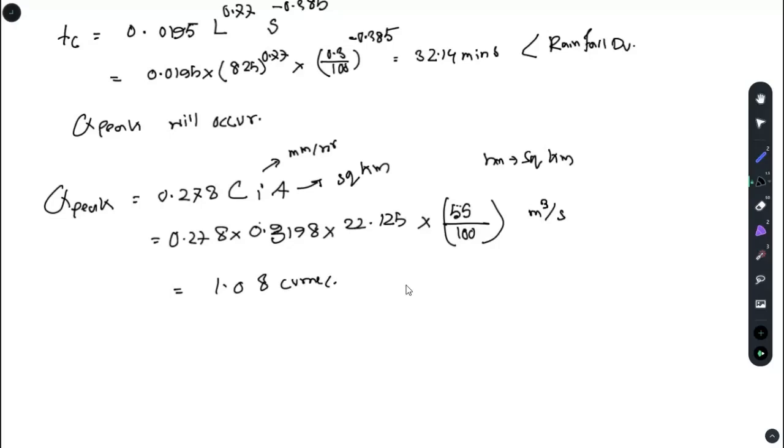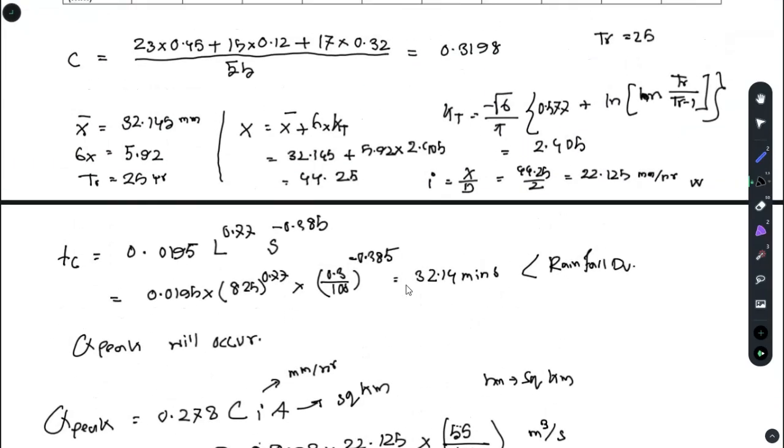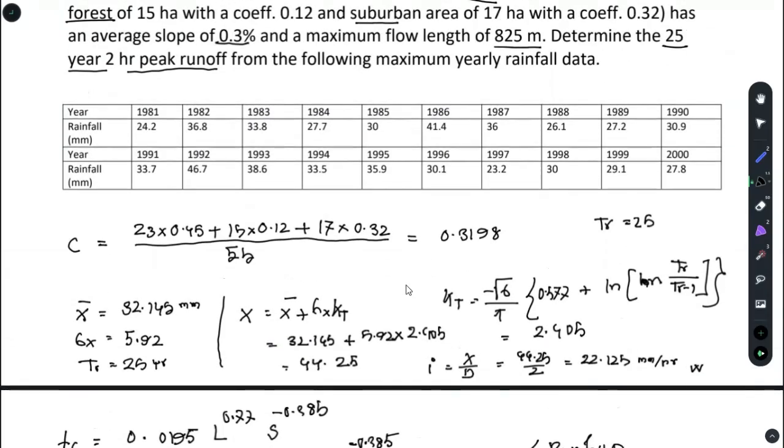So this is your answer for this math, and this has been done using the rational method to find out the peak discharge, and you did a little bit of statistics to find out intensity for a particular return period. This is all from this lecture.